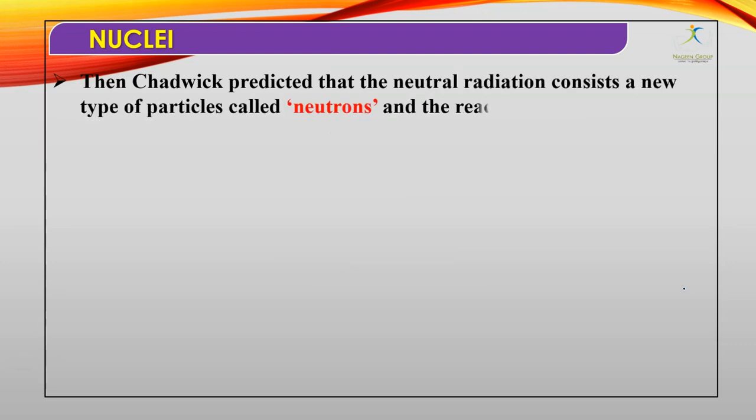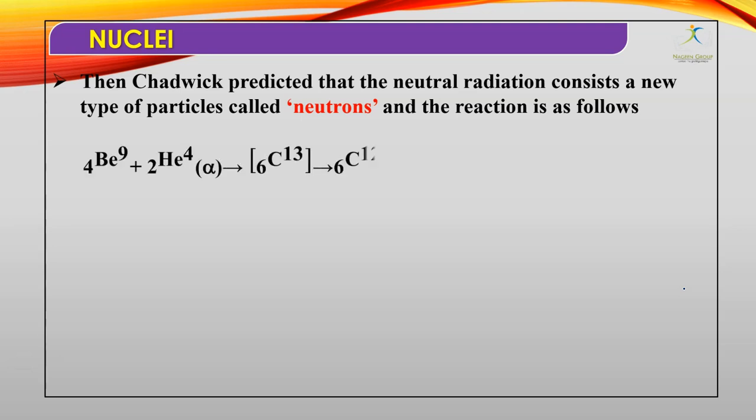Then Chadwick predicted that the radiation consists of a new type of particle called the neutron, and the reaction is as follows: 4Be9 plus 2He4 gives 6C12 plus 0n1 plus Q, which is energy.